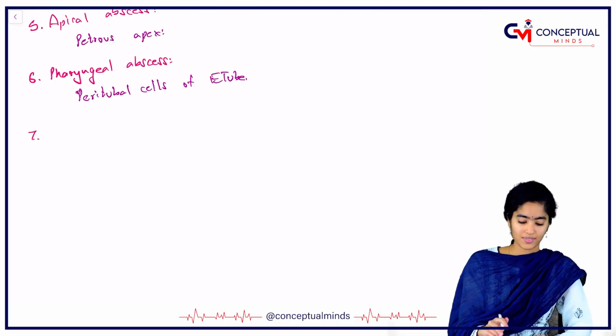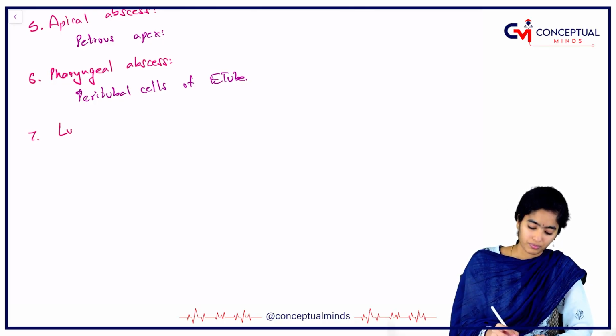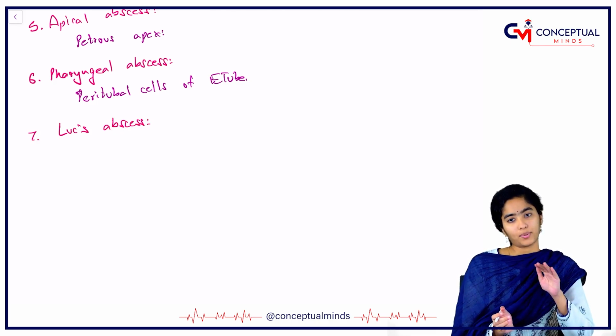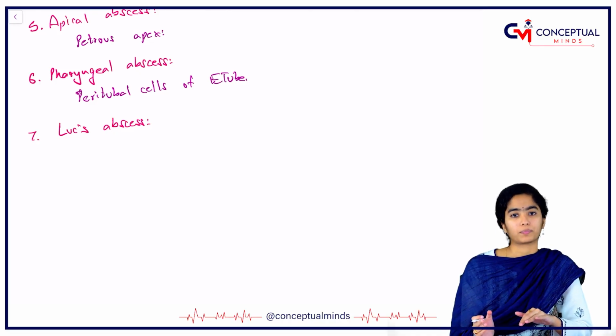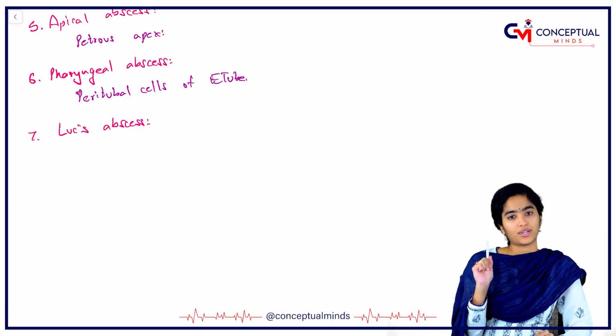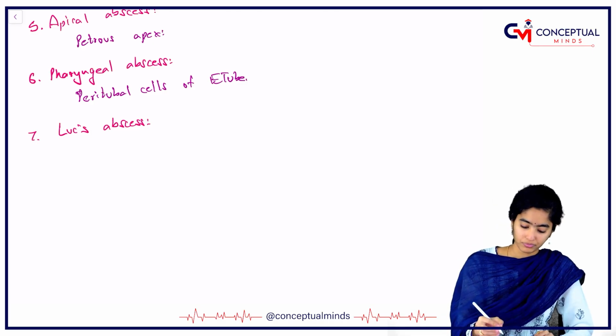And then we have something called Luc's abscess. This is in the infratemporal region. The abscess is between the temporalis muscle and the temporal bone. So when the pus trickles down from these cells, you can see that it opens into the external auditory canal. Where in the external auditory canal? In the posterior-superior bony meatal wall.